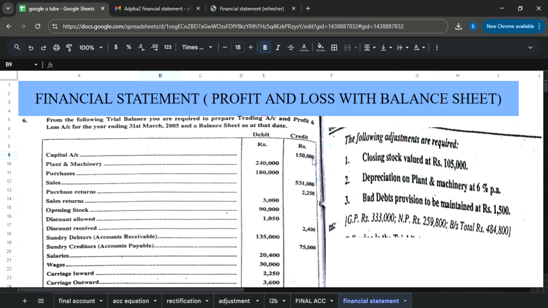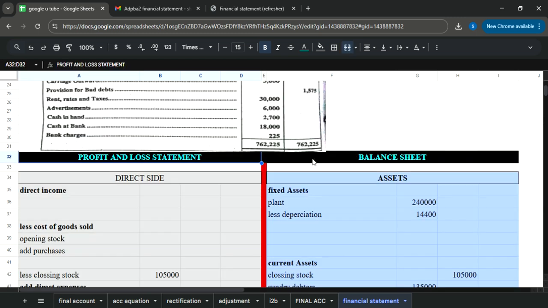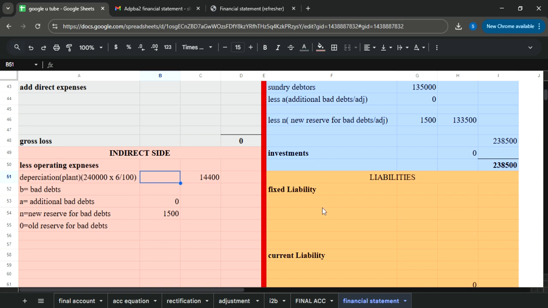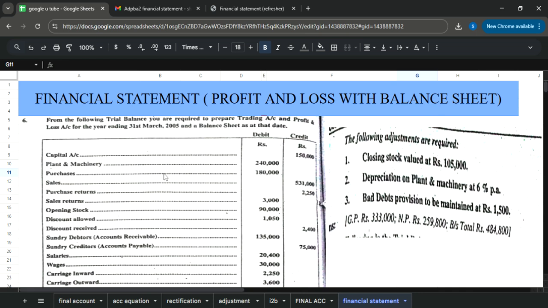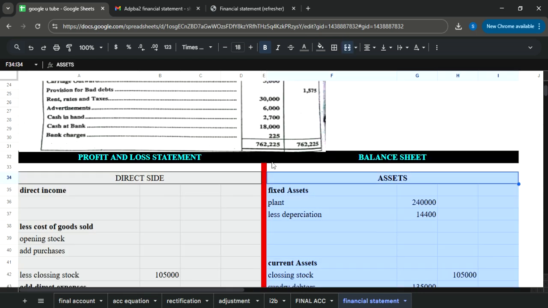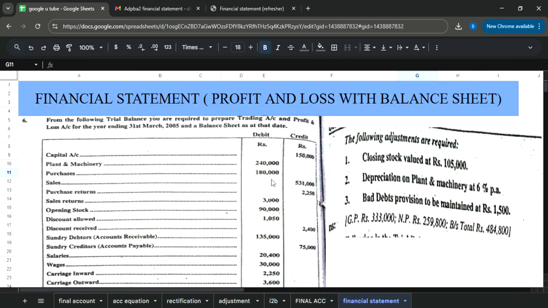First is capital 150,000. You will go to fixed liability, and here you will mention your capital 150,000. I think that was the amount. Yes. Then we have plant, which is already mentioned over here, 240,000. Next, purchases 180,000.